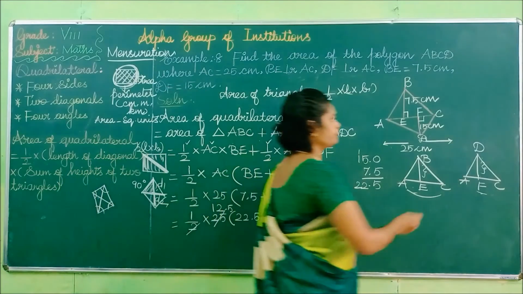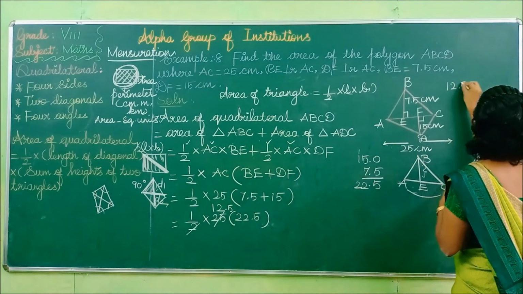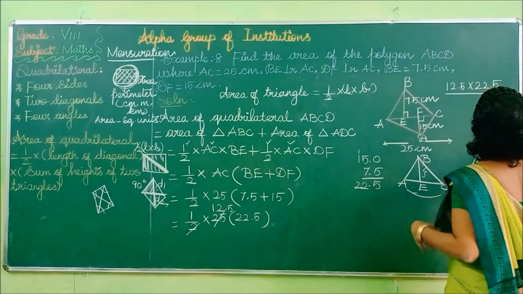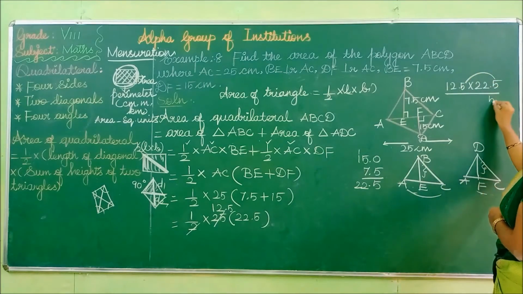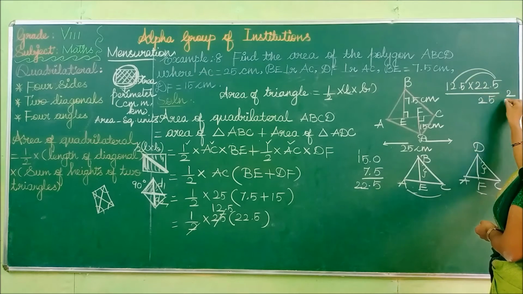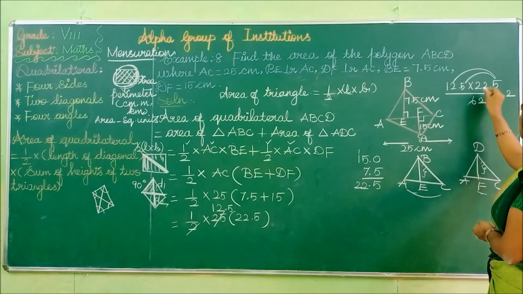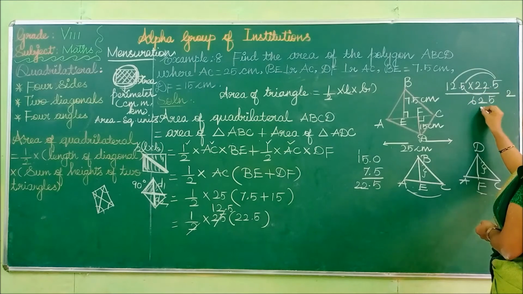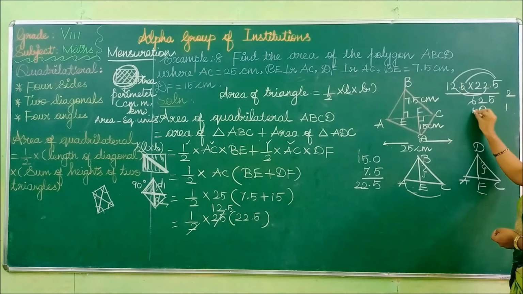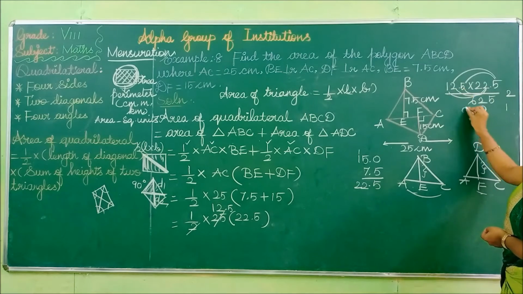Now multiply 12.5 into 22.5. 5 into 5, 25. 5 twos are 10, 12, balance 1, 1 five is 5, 6. 5 twos are 10, remainder 1. 2 twos are 4, 5, 1 two is 2.